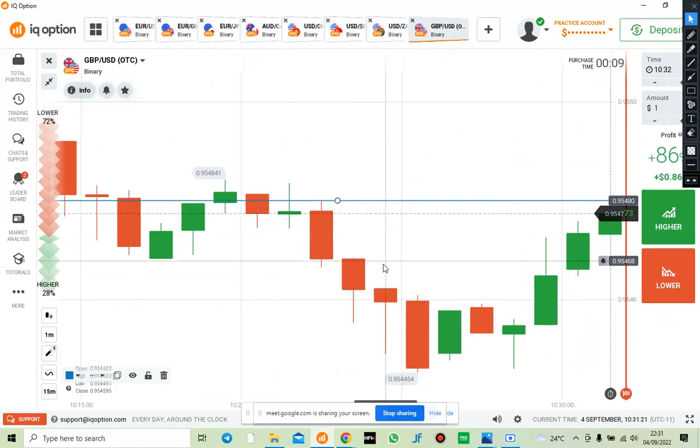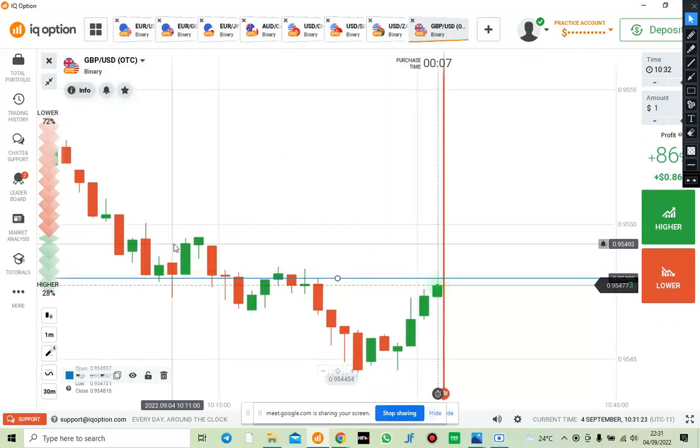See, after this the next candle was red, because there's a key level.